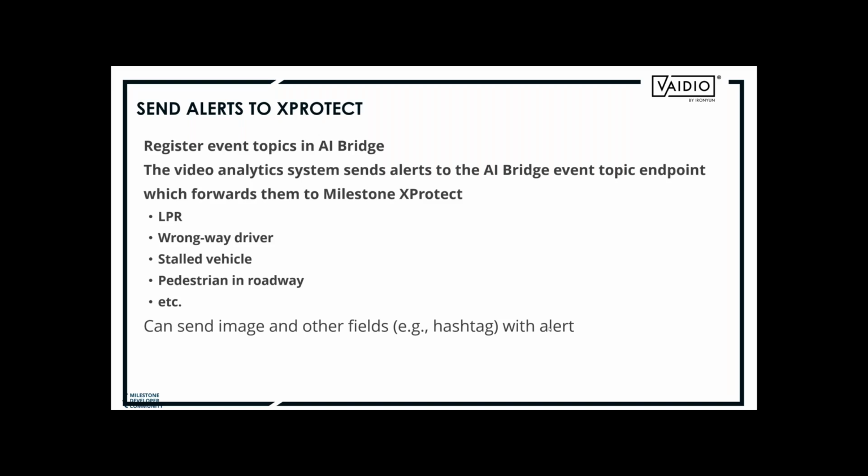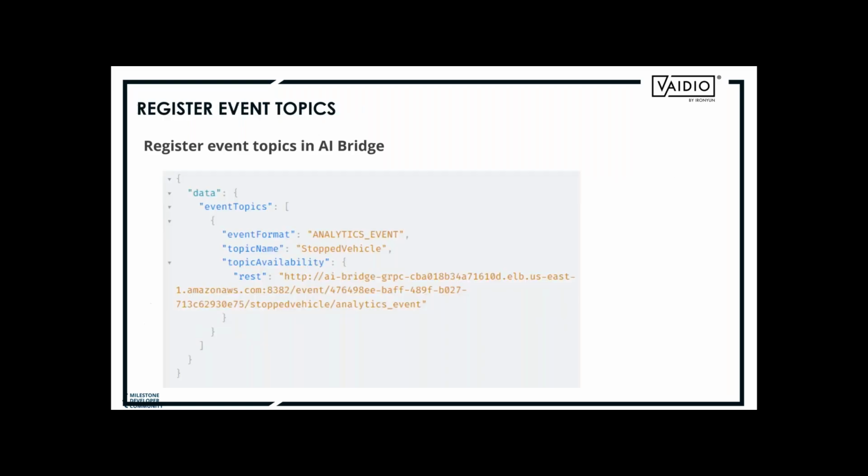And along with the alert going into XProtect, we can send in a base64 image and other fields, a hashtag. If it's a license plate, we'll send the plate number. Any other stuff we want to send, we can send there.